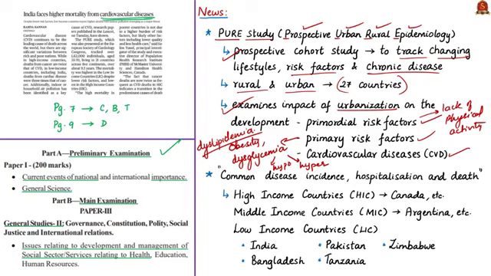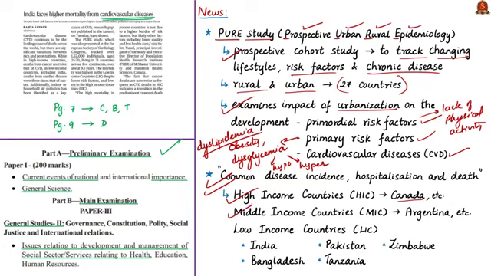This new PURE study is titled Common Disease Incidence, Hospitalization and Death. This particular PURE study tracked individuals who are aged 35 to 70 years for about 9.5 years. This study only includes individuals living in 21 countries. In this study, the high income countries were Canada, Saudi Arabia, Sweden and United Arab Emirates.